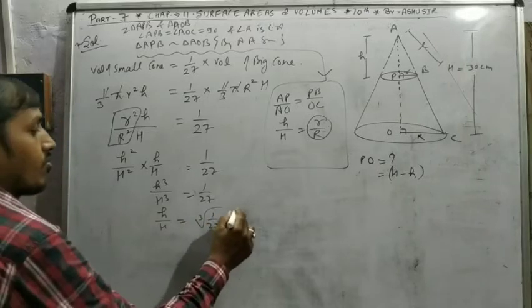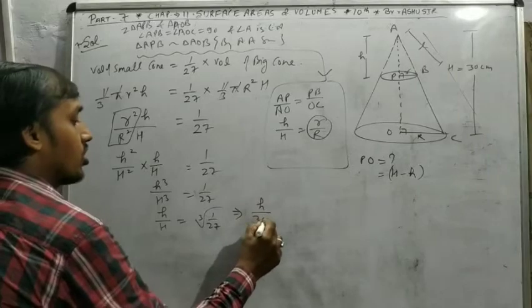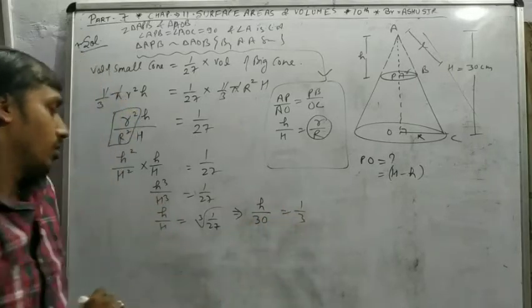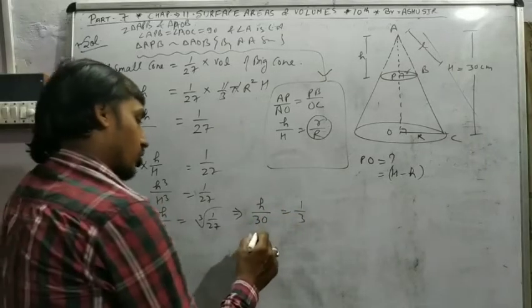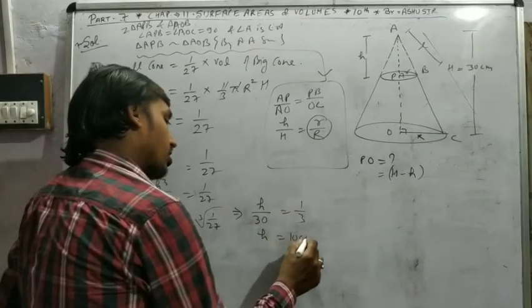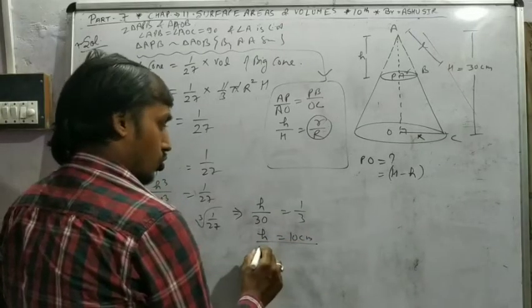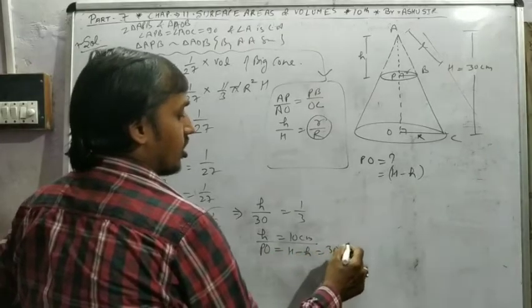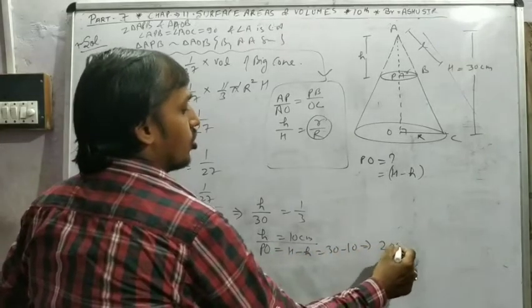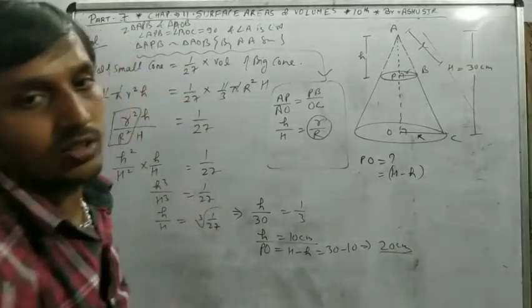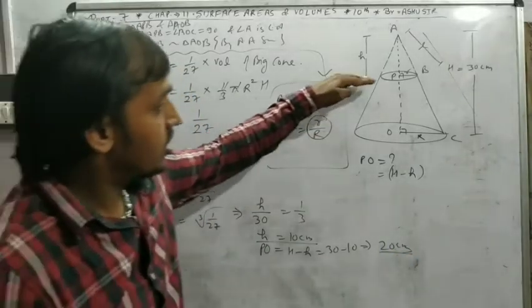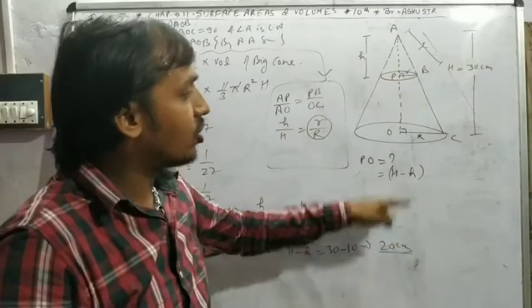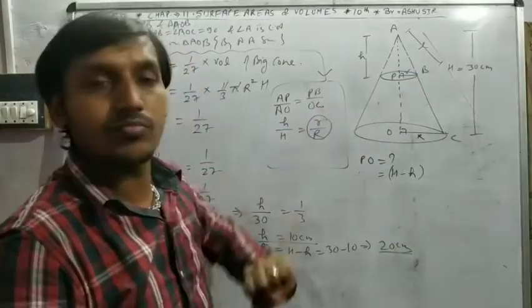Then small h upon 30 is equal to 1 by 3. Because capital H value is 30, you get the value 10 centimeters. So PO is equal to H minus h, 30 minus 10, that is 20 centimeters. It means this section is cut at a height of 20 centimeters from the base.